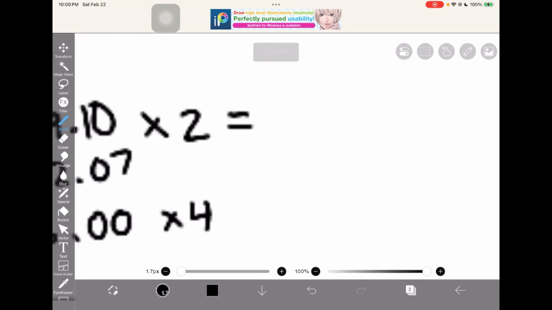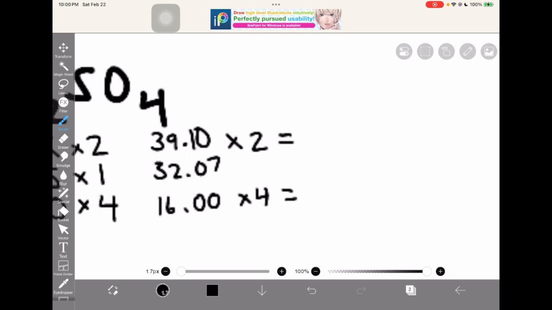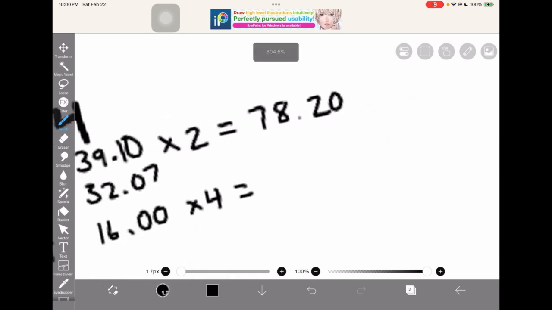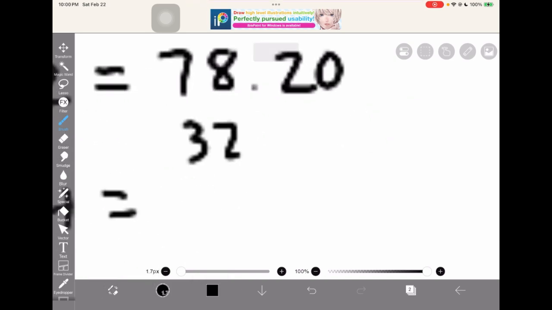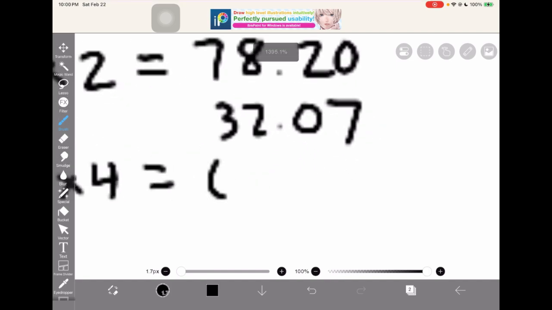Let's first multiply these over here. So 39.10 times 2, that's equal to 78.20. Copy and paste the 32.07. And we got 16 times 4. That's just 64.